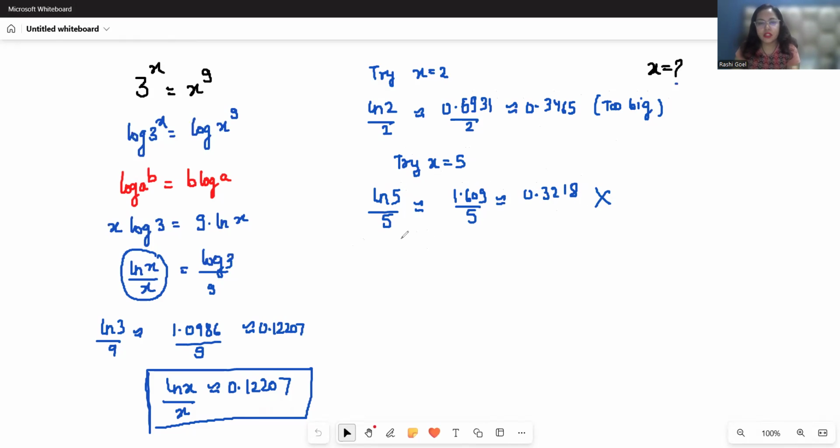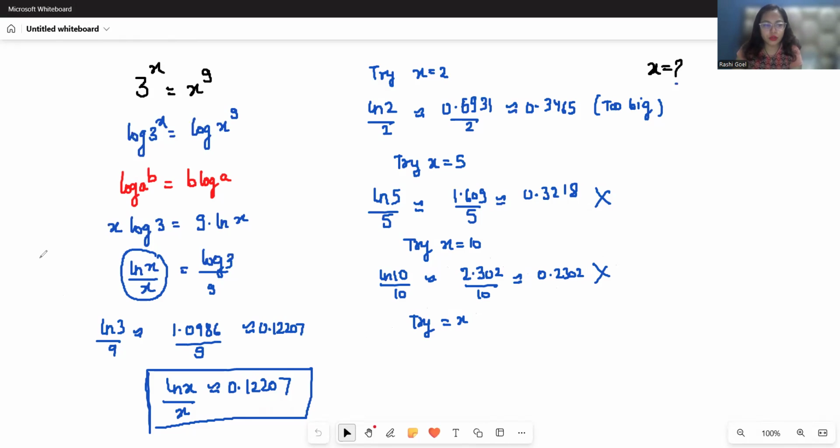Now let's try with 10. So it becomes log 10 by 10, approximately 2.302 by 10. When we divide, we get 0.2302. Still no. Now let's try a bigger number.